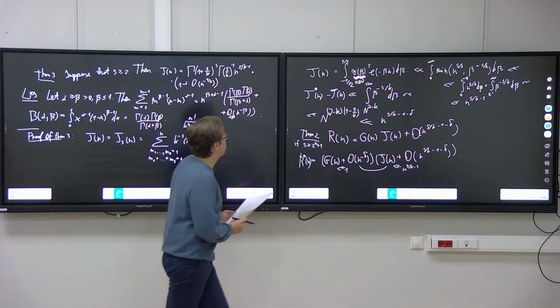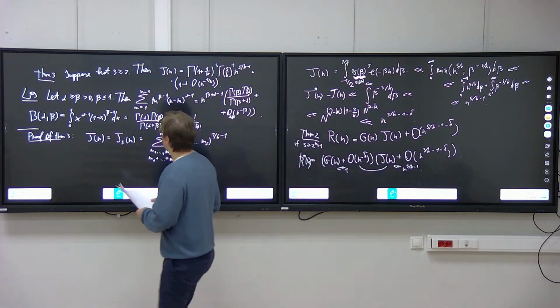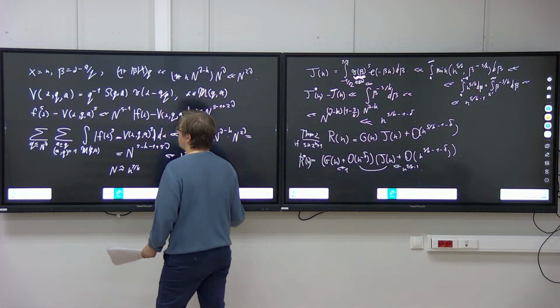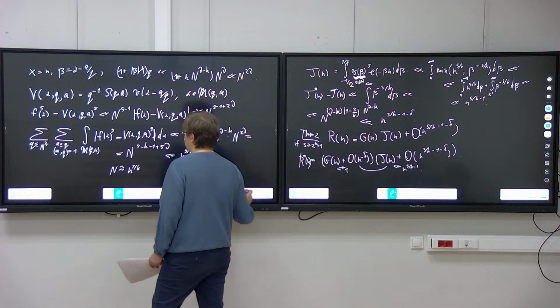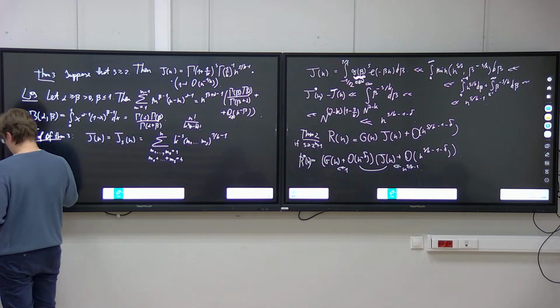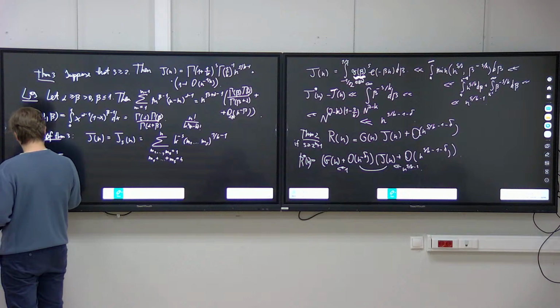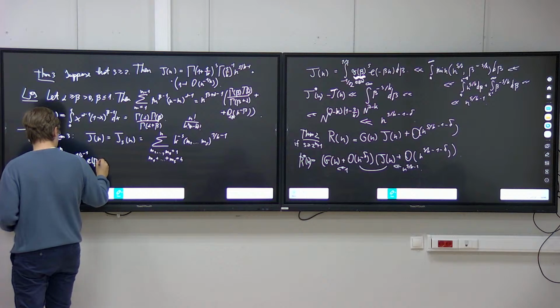What is v beta? Let me write again that v beta is this sum up to n, 1 over k, 1 over k minus 1, exponent of beta n.